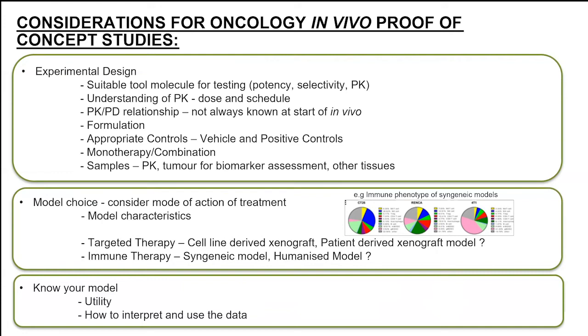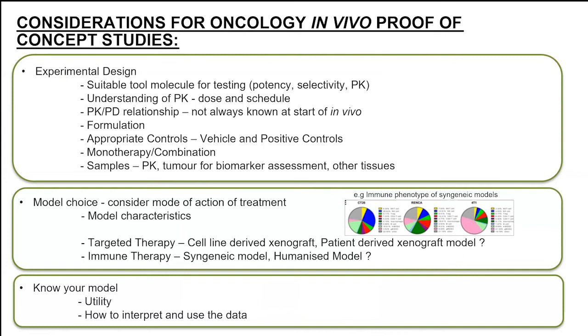You really want to be confident that you have the potency and selectivity and good PK properties before you go in vivo. You want to understand the PK of your compound in terms of dose and schedule, both from an acute dose and also on chronic dosing. You would ideally like to have a good understanding of your PK-PD relationship, but that's not always known at the start of your in vivo cascades.